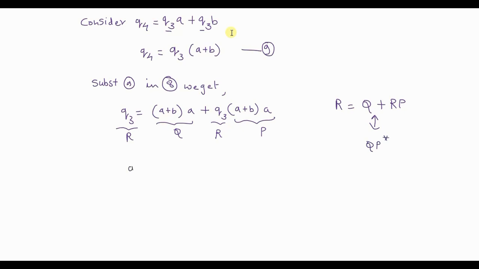So your Q3 finally becomes Q3 equal to Q, that is A plus B, and P star, where P star is (A plus B A) whole star.